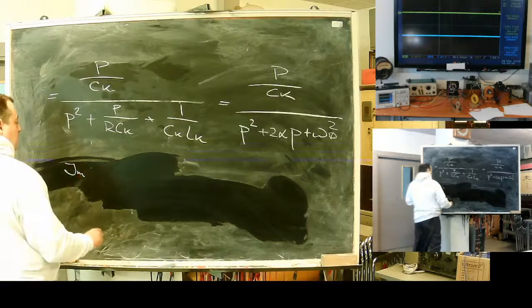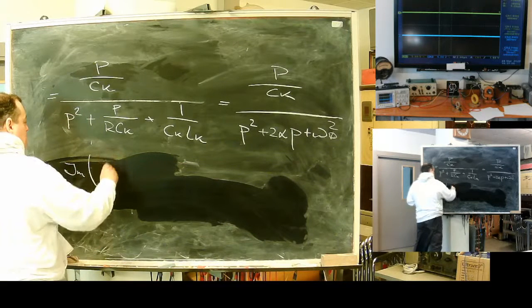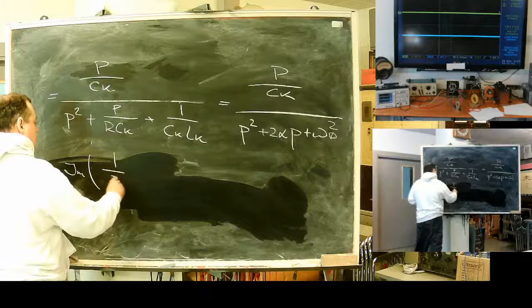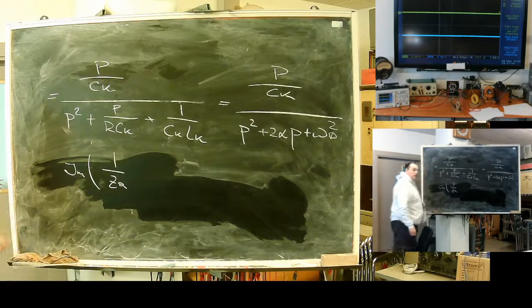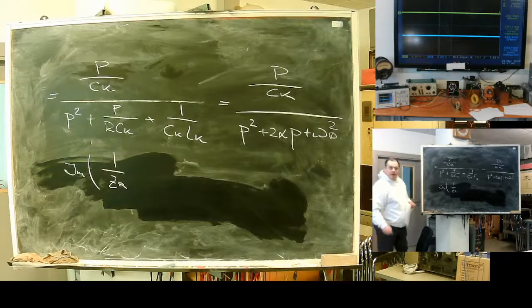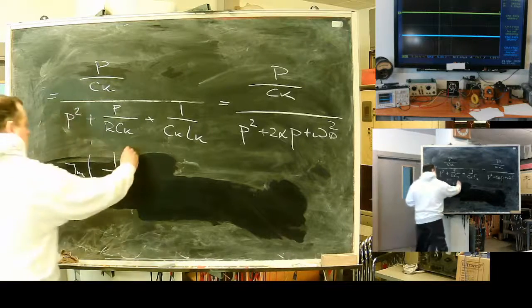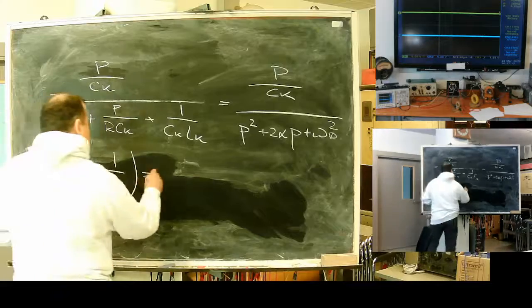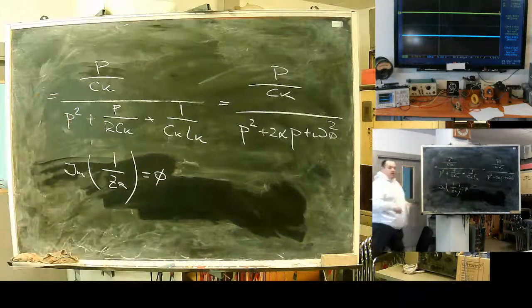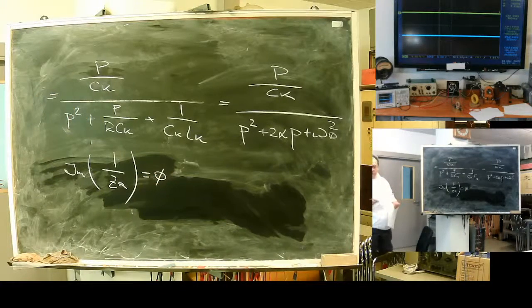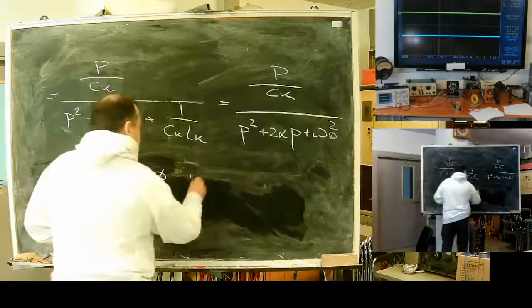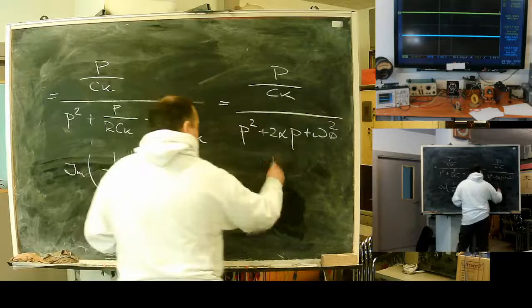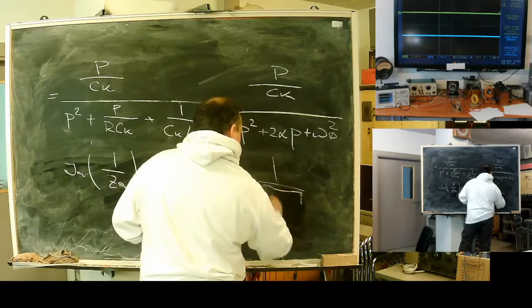If we write down the imaginary part of the input admittance equal to 0, we will have the current resonance condition, leading us to resonance frequency 1 against square root of LC.